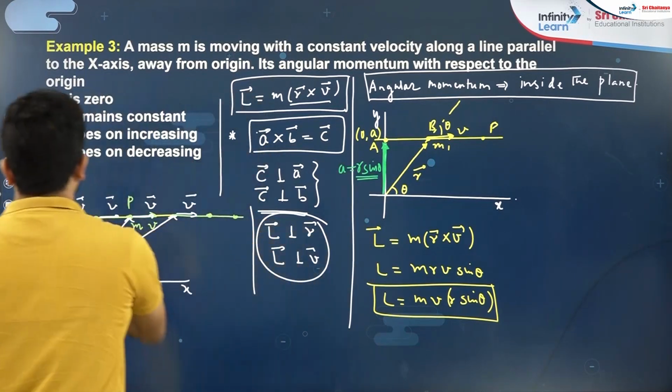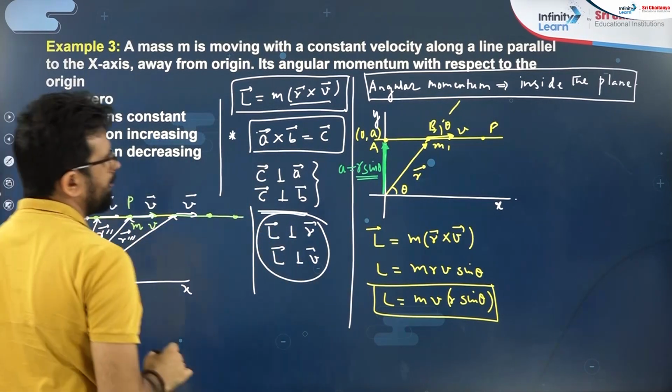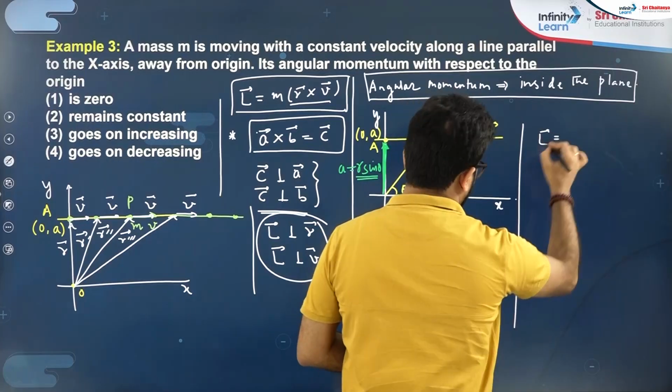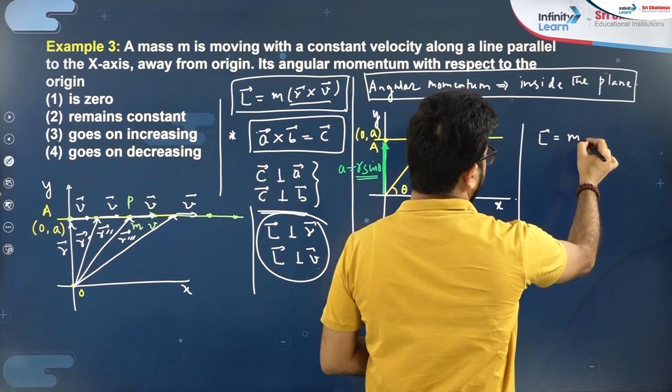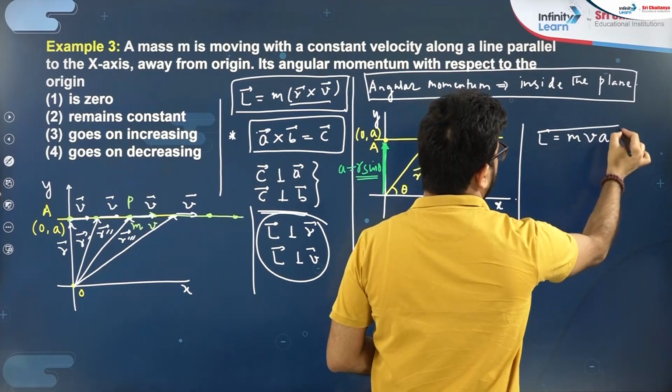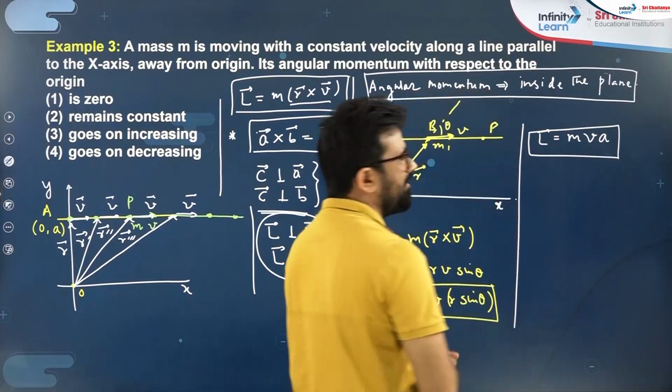So from here I can write very simply that L can be written as M V into a. That means the magnitude would be M V a.